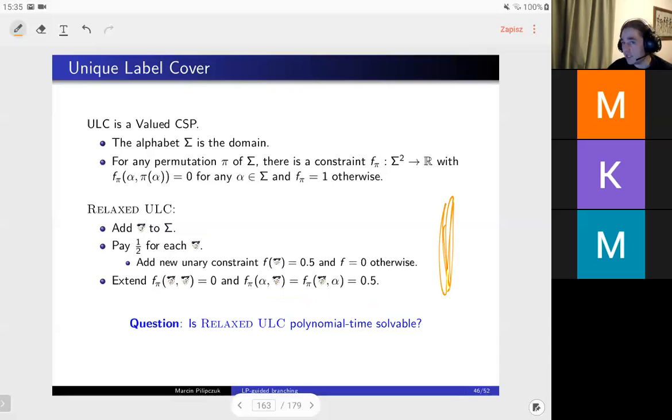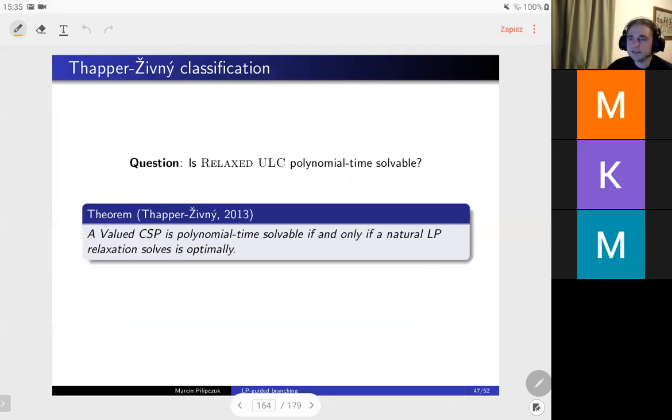Okay, but let me sketch from where this comes. This can be super abstract for you, that this type of relaxation turns out to be polynomial time solvable, but I want to highlight that there's actually a deep reason for that. This really boils down to a work from 7 years ago of Thapper and Živný that says that valued CSPs are either NP-hard or polynomial time solvable.